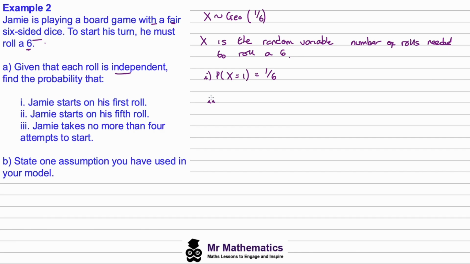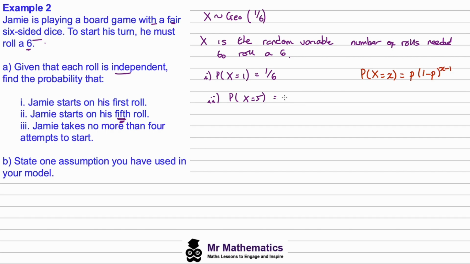For part 2, the probability of X now being equal to 5, well, we can use our formula. We have X being equal to the observed value. The probability of X being equal to the observed value will be one success multiplied by the number of preceding fails, which will be X minus 1.